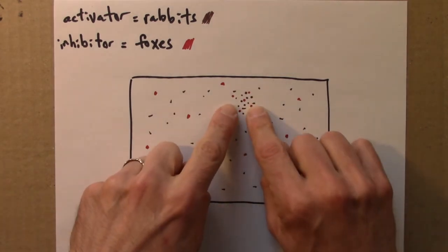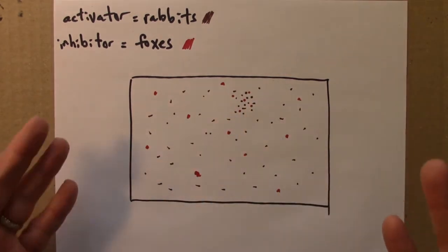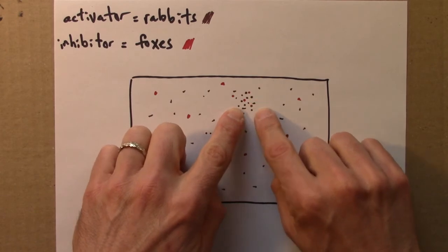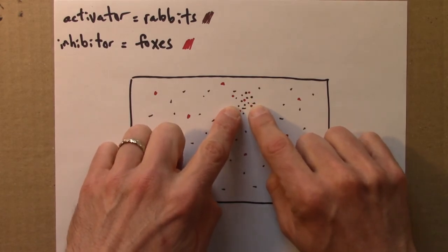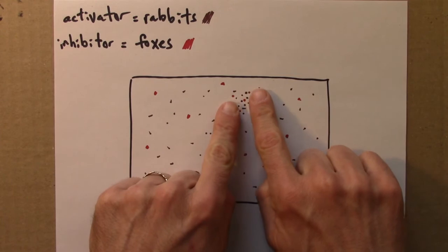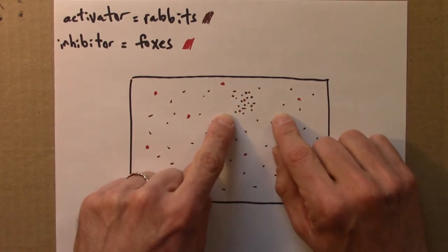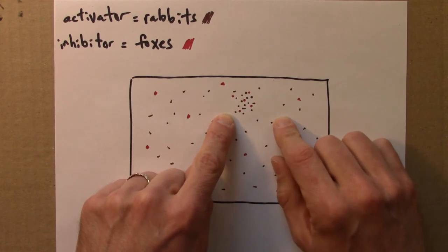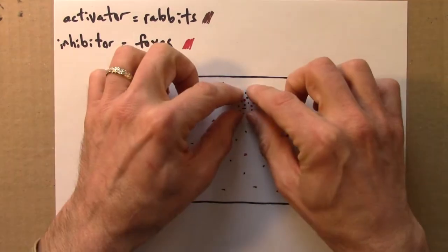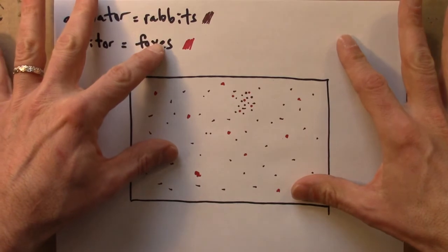And the foxes are eating the rabbits, but the rabbits got such a big head start, there were so many of them, that the rabbits keep growing. So now diffusion happens here, right? There's this cluster, this highly dense region of both rabbits and foxes, and they're going to diffuse out. So we'd expect to see the rabbits and the foxes spreading out.